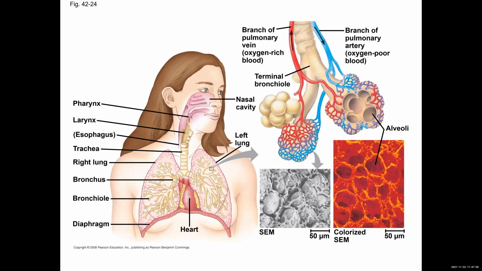All the lining of the surface of these tubes have little cilia on them, and they're constantly beating and moving this layer of mucus in this kind of escalator effect. Any dust or soot or anything that we've breathed in is going to get hopefully trapped in this mucus, moved up and out, and you're either going to cough it up and spit it out, or you're going to swallow it. If you swallow it, it gets digested, right?